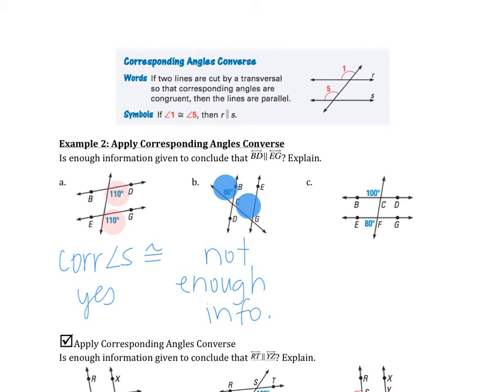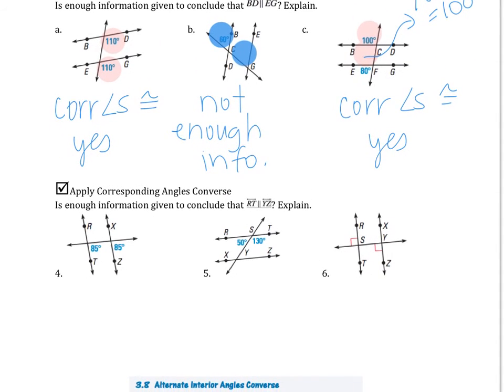And the last one, I'm looking for corresponding, but this angle right here, I can find from it being a linear pair. So yes, I do have corresponding angles congruent. So yes, those lines would be parallel. So I need you to pause the video and you try the next three.